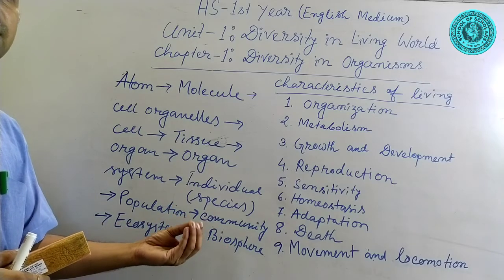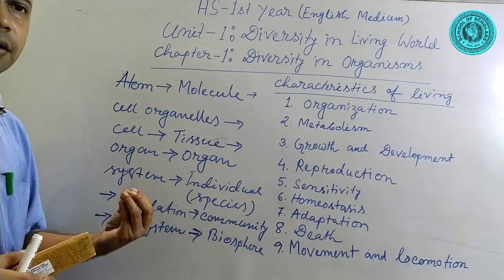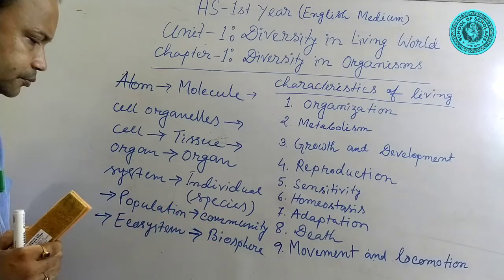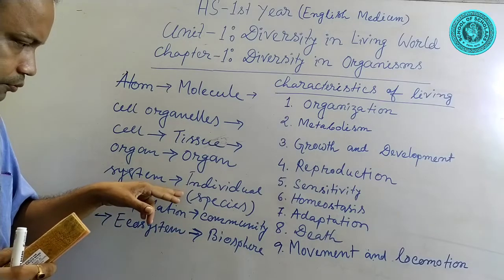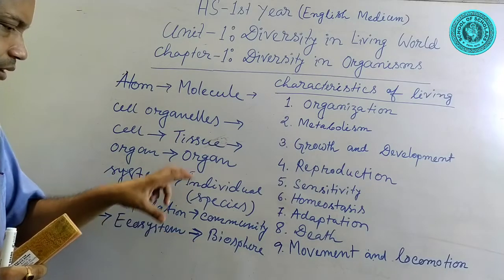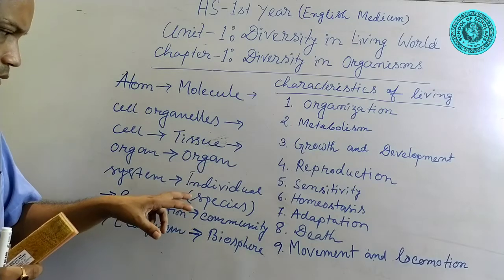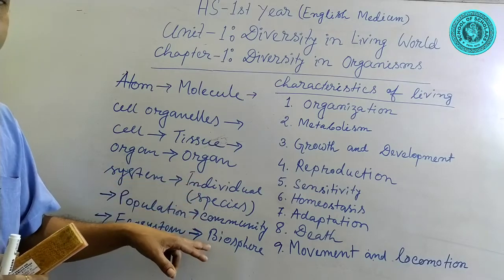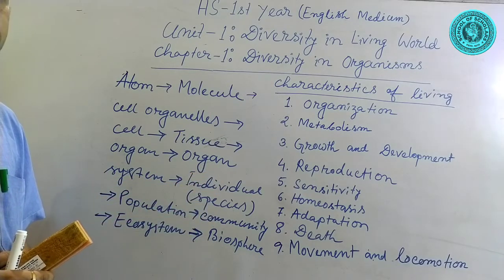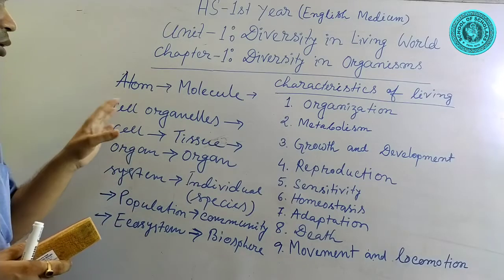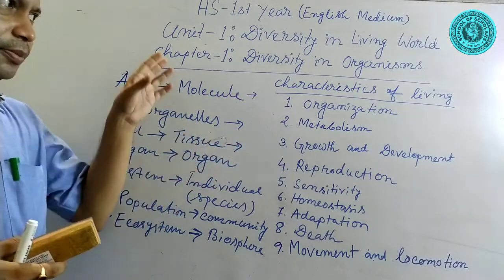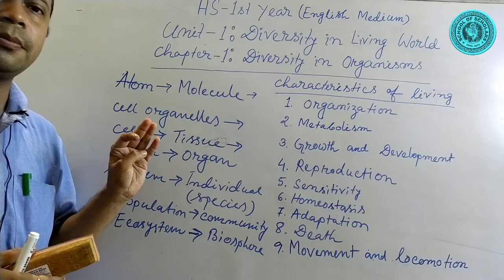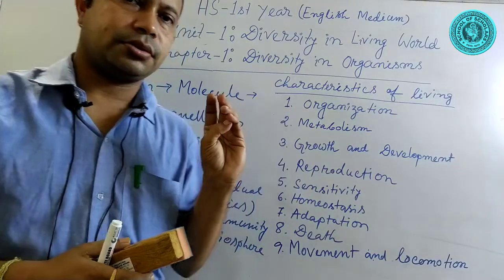Biosphere means the part of earth where life is possible. Therefore, from individual to biosphere, from this level to this level, is called ecological hierarchy. Due to the presence of organization, these living beings are otherwise called organisms. Organisms include animals, plants, and microbes or microorganisms.